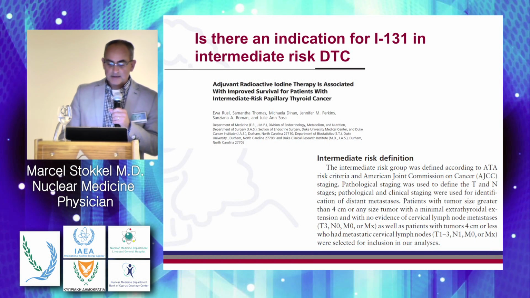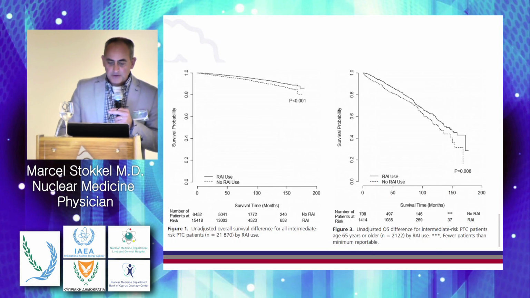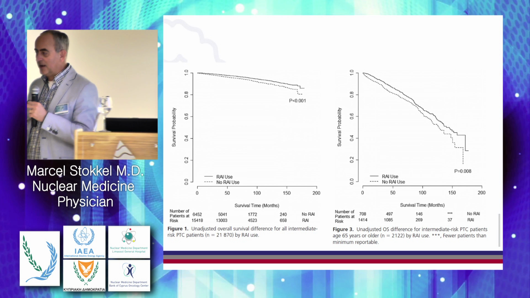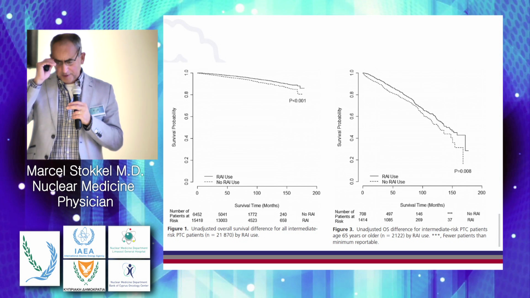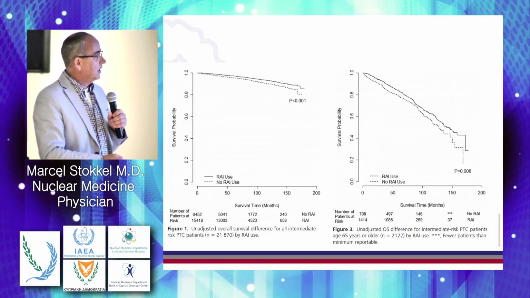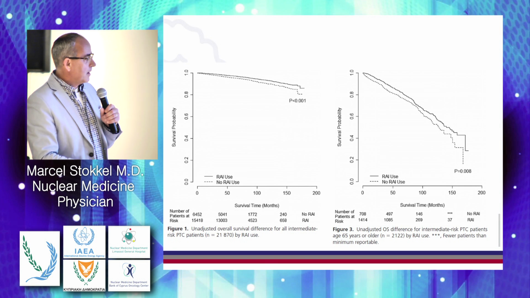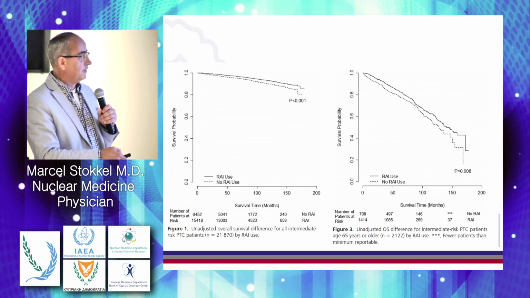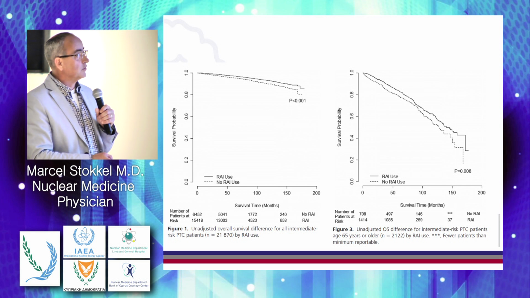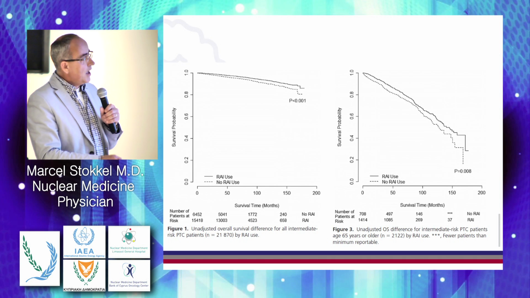What you see here is that they studied only patients that fulfilled the criteria for intermediate risk. And now you see what is happening. And now you see why a long-term follow-up is highly important. You see here the overall survival difference between patients who had undergone radioiodine ablation compared to those who did not have radioiodine ablation.